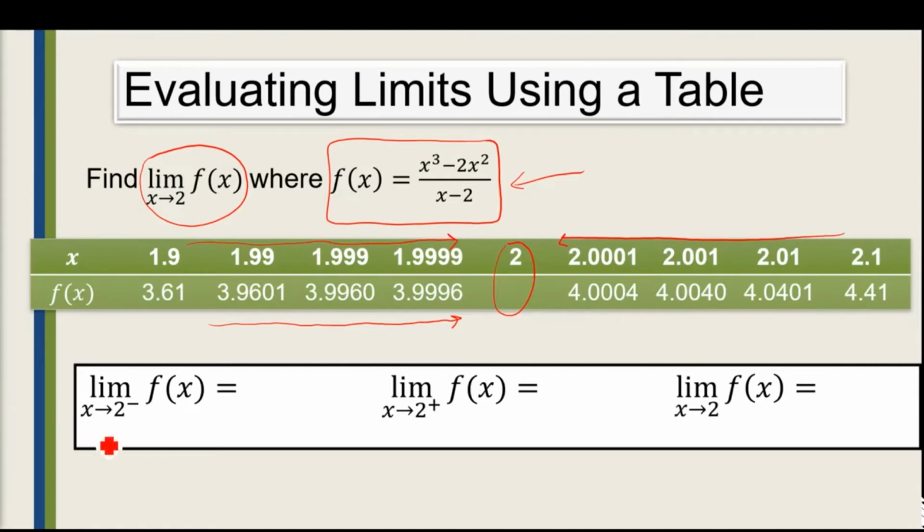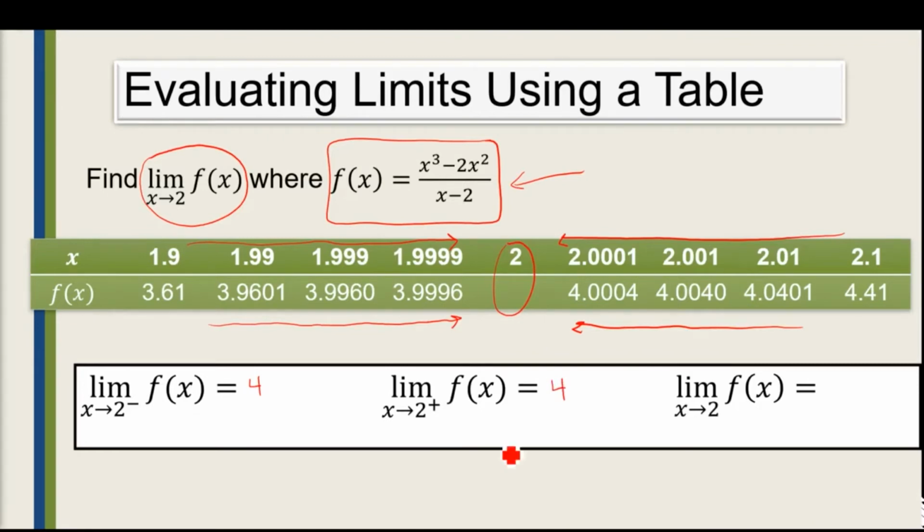So we could say that the limit as x approaches 2 from the left of f of x is equal to 4. And as you approach 2 from the right, it again looks like your function values are getting closer and closer to 4. So we can say the limit as x approaches 2 from the right of f of x is equal to 4.